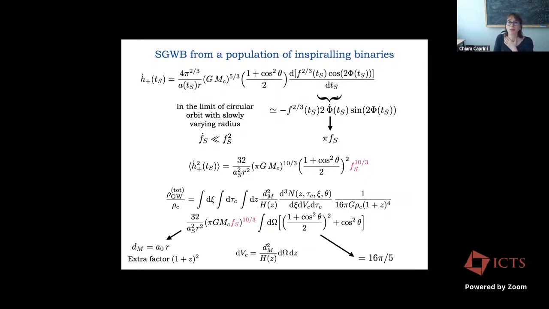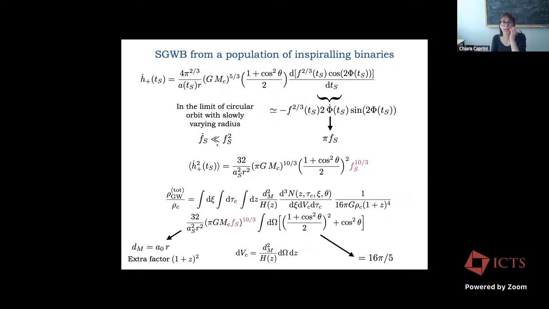Now you see, our binaries are in circular orbit with slowly varying radius far away from merger. So one can consider that the time derivative of the frequency is much smaller than the frequency squared. This is a WKB approximation of the system.